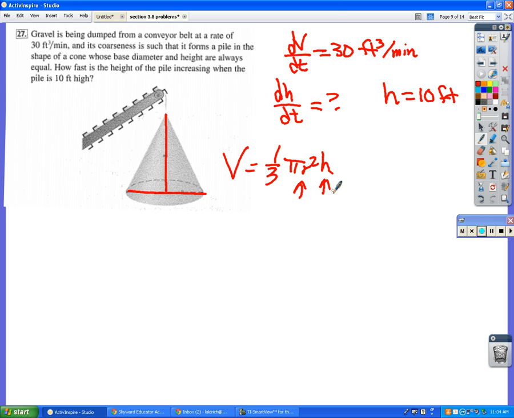Well, we know that the diameter is equal to the height, always. So 2 times the radius equals the height, so we want r equals h over 2, because we want an h in our problem. They're not asking us how does the radius change, they're asking us how does the height change.